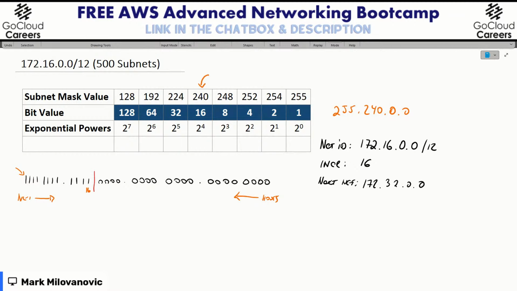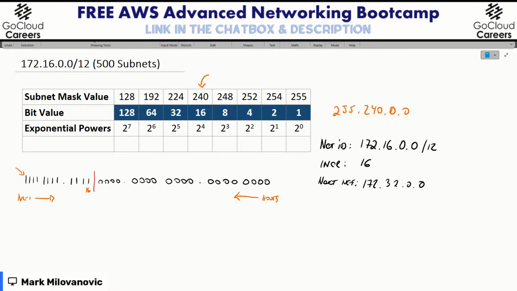So that's what I was pointing for. We know it based on the ones from left to right that are in consecutive order. That's how we know that this is part of the network. And then we also know that we have consecutive ones here. So part of the second octet is also part of the network. And of course, we shorthandedly write it in the prefix length notation or CIDR notation, which is 12.